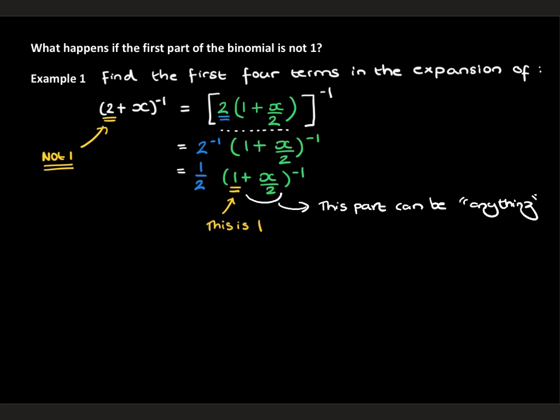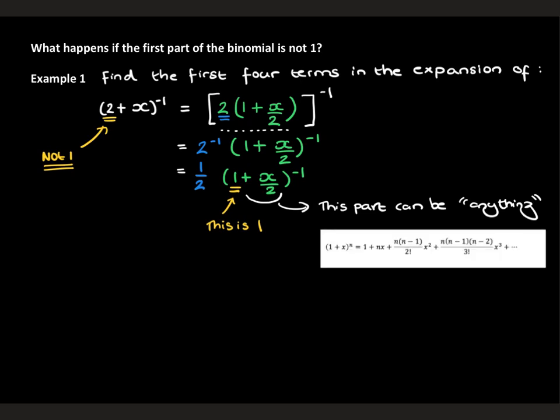Because remember, we just substitute the anything into our generalised binomial expansion. So all we now have to do is expand 1 plus x over 2 all to the power of negative 1, well, find the first 4 terms of this expansion, and then multiply this by a half.